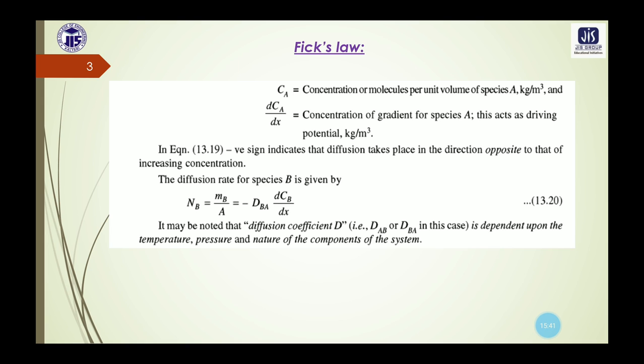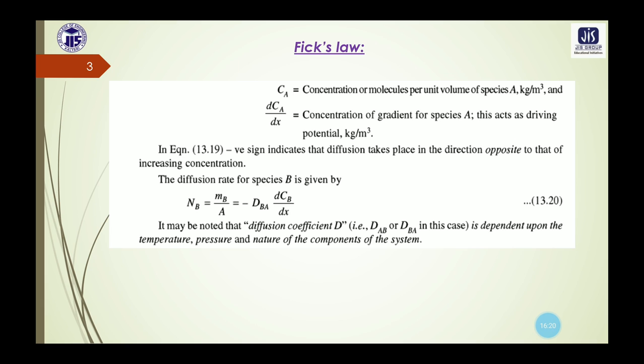This negative sign indicates that diffusion takes place in the direction opposite to that of increasing concentration. This is similar to the physical significance of the negative sign in Fourier's law, where in the positive x direction the temperature difference was negative. Similarly, the negative sign in Fick's law indicates that diffusion takes place in the direction opposite to that of increasing concentration.